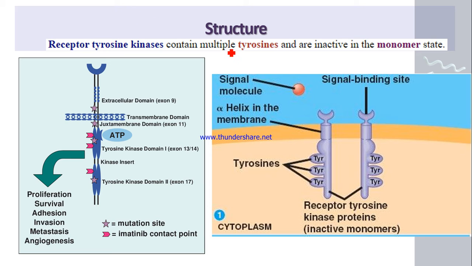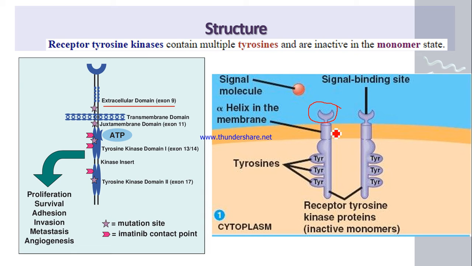So first we will go to the structure of the tyrosine kinase. As I have already told, the tyrosine kinase is available in the cell in the form of a monomer, which is inactive. One part is outside of the cell, called the signal binding site, the extracellular domain.